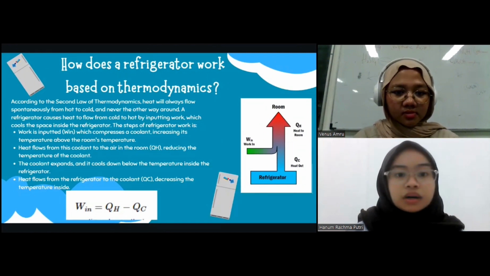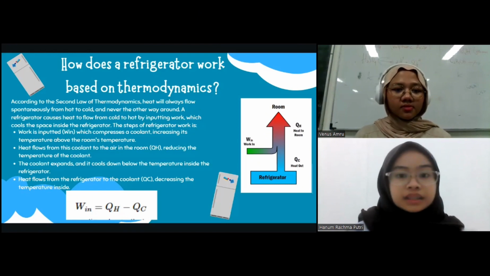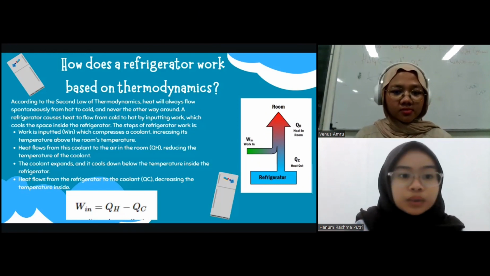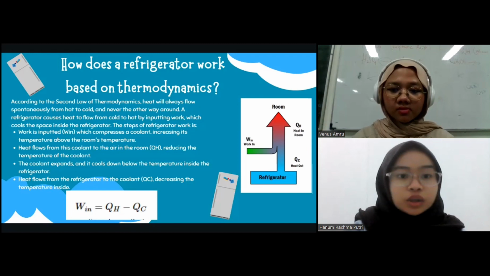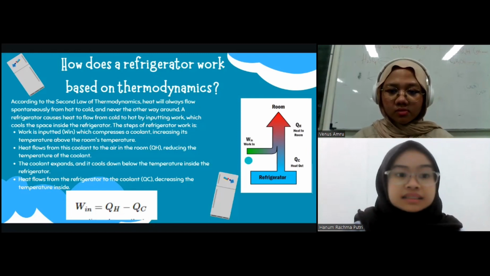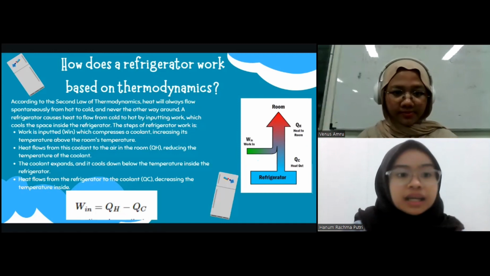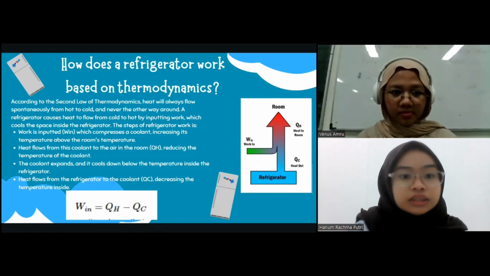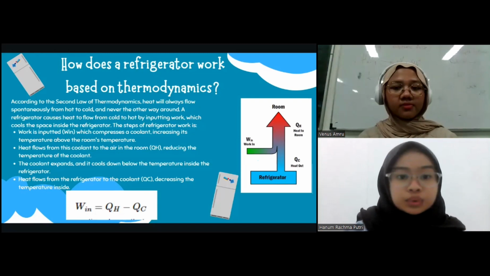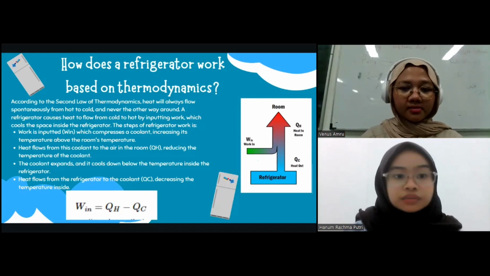The steps of how a refrigerator works, as you can see: first, work is used to compress a coolant, which increases its temperature above the room temperature. Heat flows from this coolant to the air in the room, or QH, which we call heat to room, reducing the temperature of the coolant.